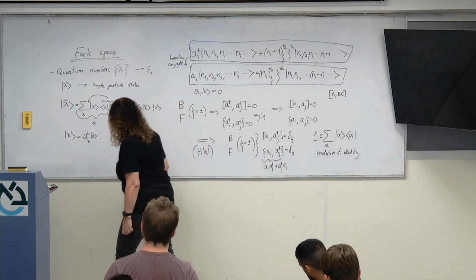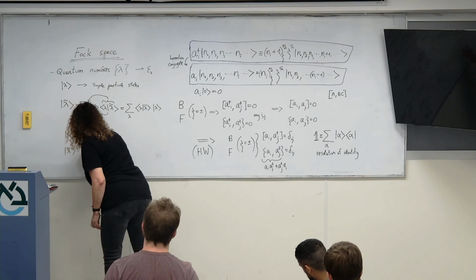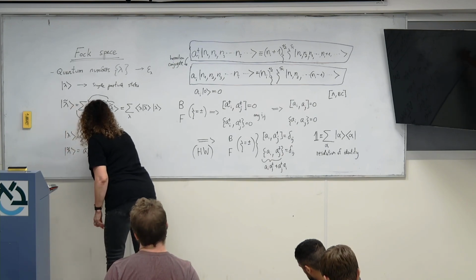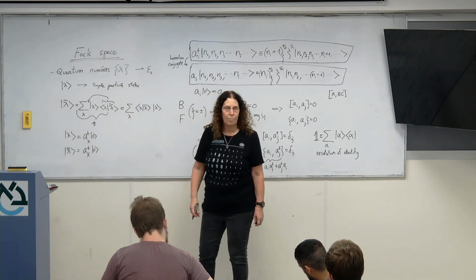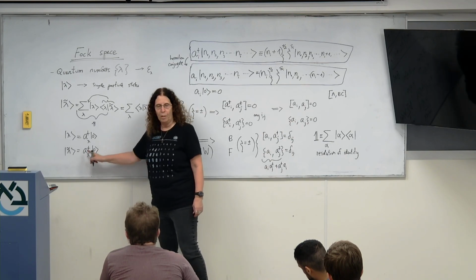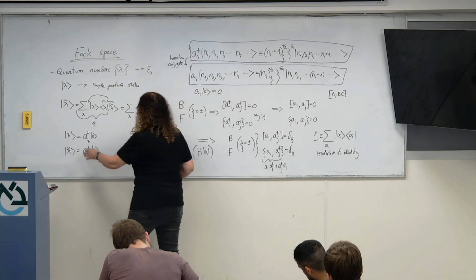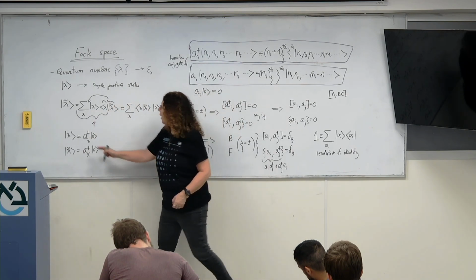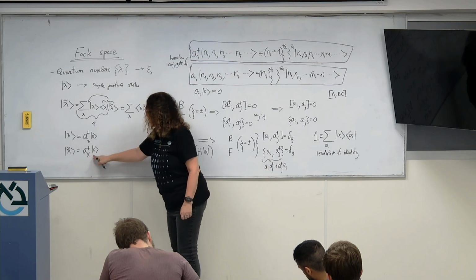And similarly for lambda twiddle. It's true for any basis, and therefore I can also write lambda twiddle as some creation operator acting on the vacuum in my new basis. Now let's plug it into the expression that we got. On the left-hand side, I have A lambda twiddle dagger acting on the vacuum.